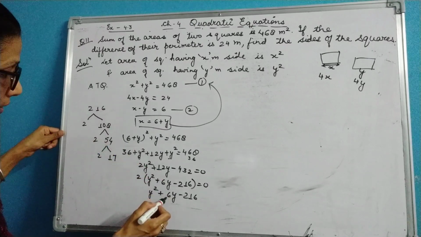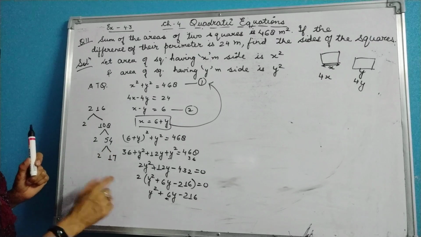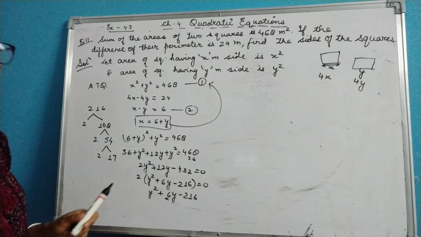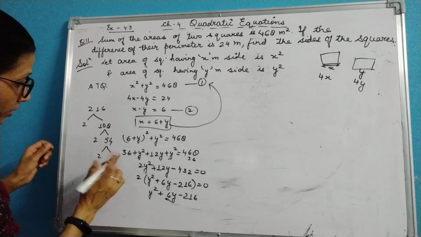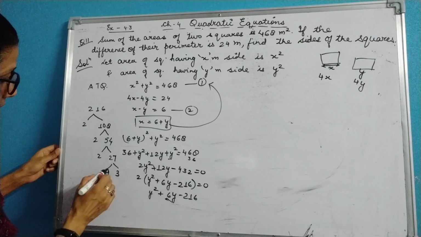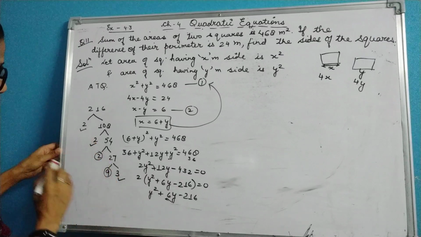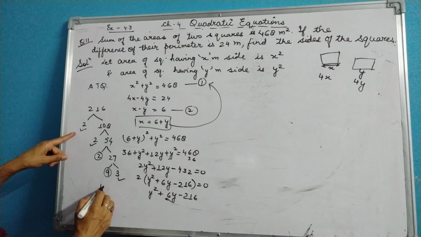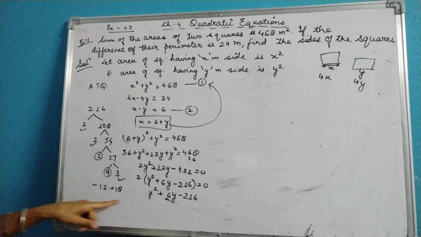I want here 6 as the middle term, so find out the factors which can give me 6. 6 threes are 18, 6 twos are 12. 12 and 18, and if I subtract these, I'll get 6.